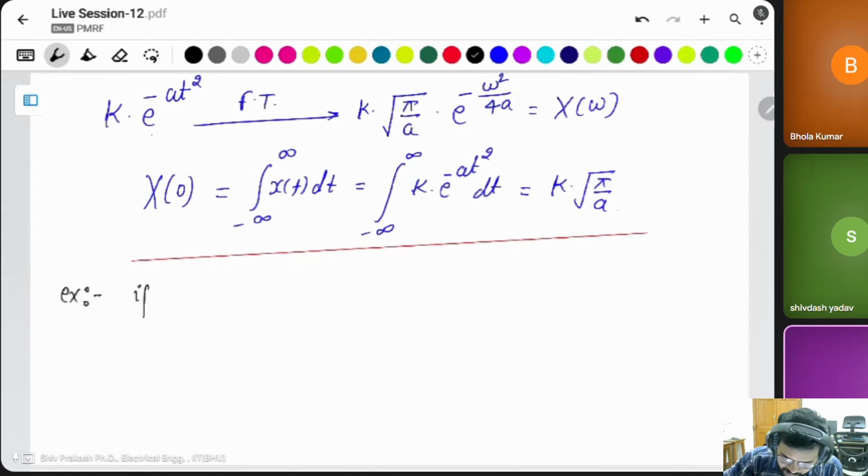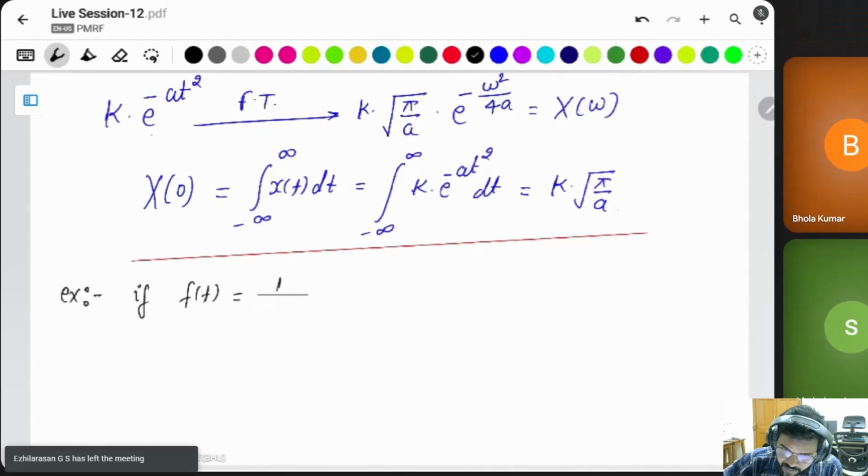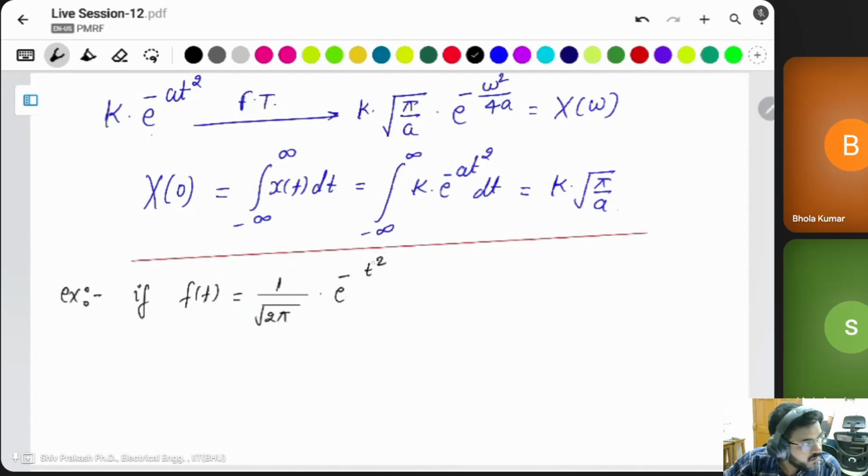If the function f(t) is equal to 1 by root of 2 pi into e to power of minus t square by 2, then what is the area of f(t)?